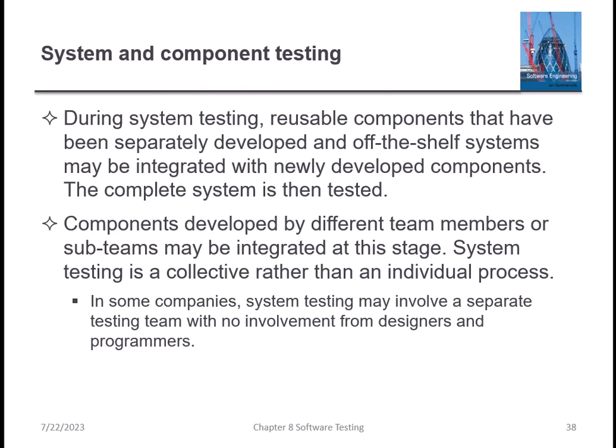Components developed by different team members or sub-teams may be integrated at this stage. System testing is a collective rather than an individual process. Remember, this is the main point. In some companies, system testing may involve a separate testing team with no involvement from designers and programmers, because if we include a designer or a programmer in the testing team, the testing process can be biased.